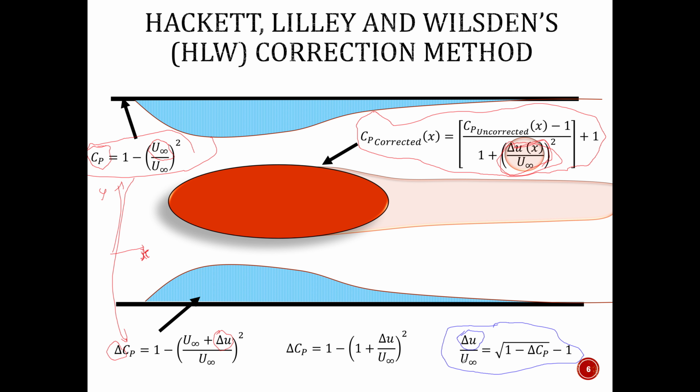And this delta CP is the difference between the CP without the model and the CP with the model. That means if you install static ports across the tunnel wall, you can get the pressure variations, subtract that from the mean or the CP without the model, then you will get this delta CP, and from there you can find what delta U is.